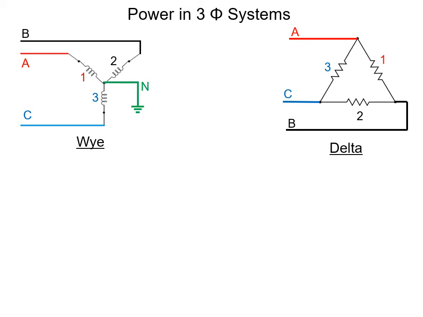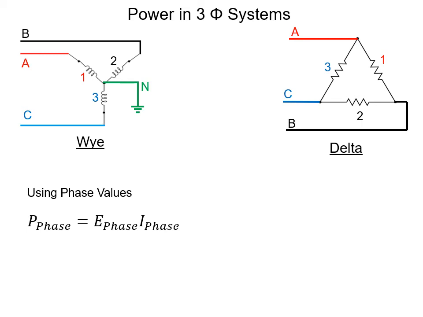Doesn't matter if it's a delta or a Y. Each of them have three loads. If we look at each individual phase and we calculate the power in one phase, well, that would just be E phase times I phase.